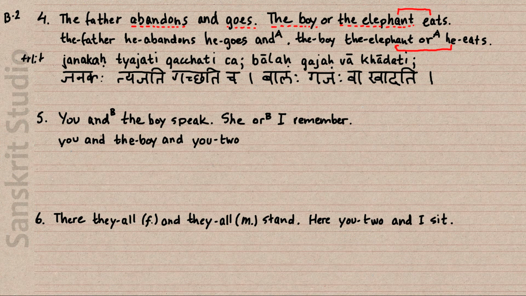And why does it become you two? Because when we are using "and", this is third person here, and this is second person. If we didn't know any rule at all, it would be difficult to specify the implicit subject in the verb.